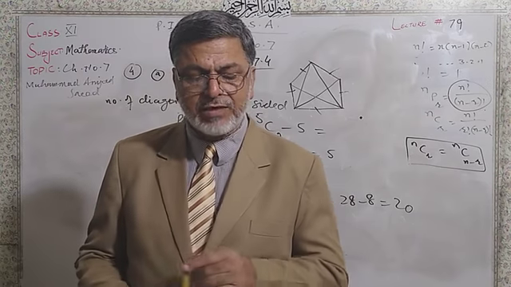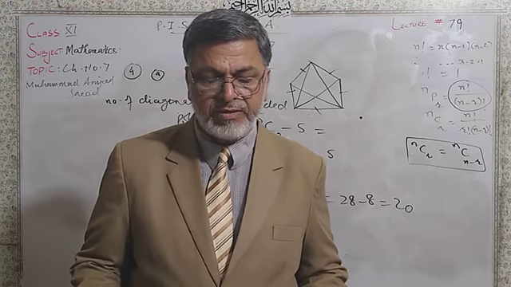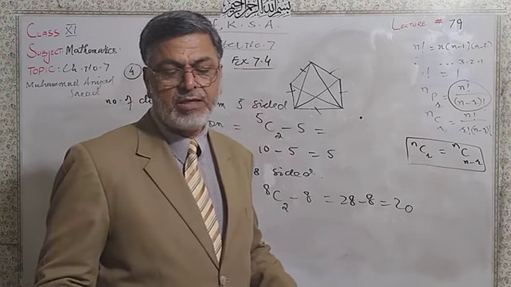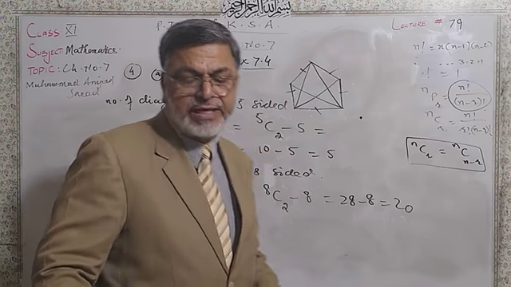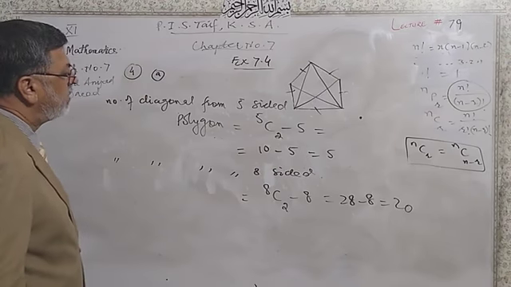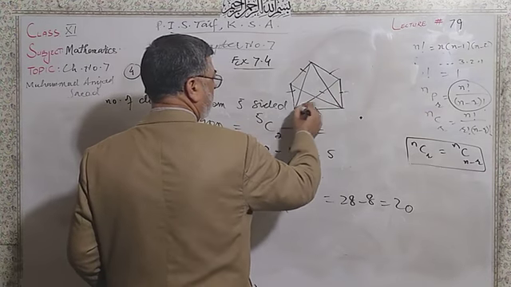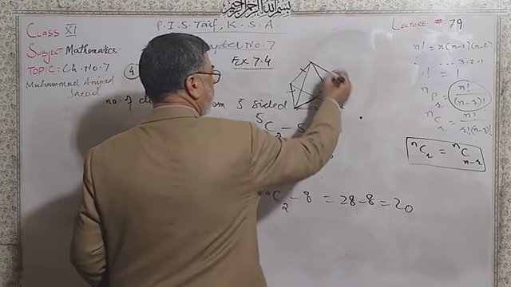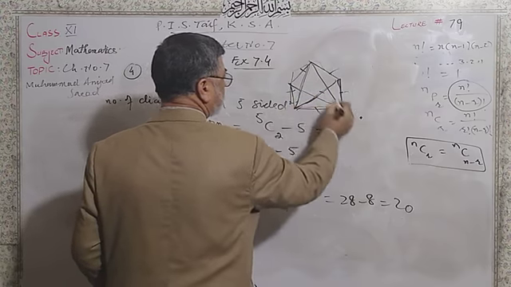After that, the question is, how many triangles can be formed from a 5-sided polygon? In the case of a 5-sided polygon, all these 3 sides, these 3 sides, similarly these 3 sides.